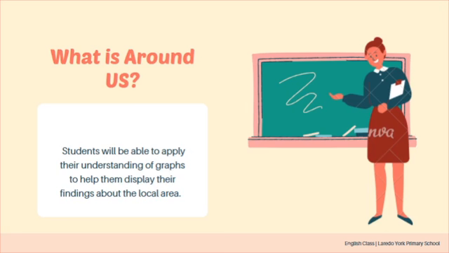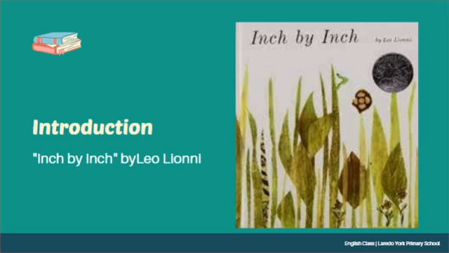Now for the next lesson, which is our math lesson, the title of this is What is Around Us? During this lesson, students are focusing on applying their knowledge of graphs, specifically line plots, in being able to display information that they find about their local community. So to begin this lesson, the students will be engaging with a text, Inch by Inch by Leo Lionni.